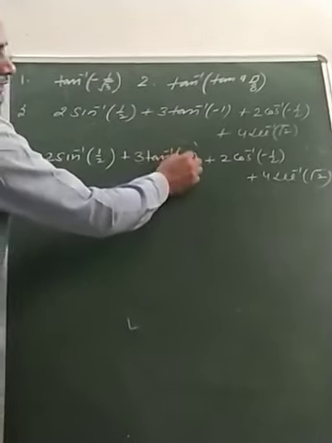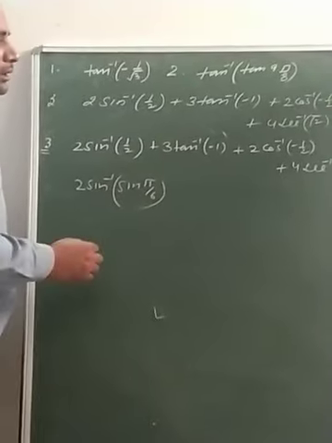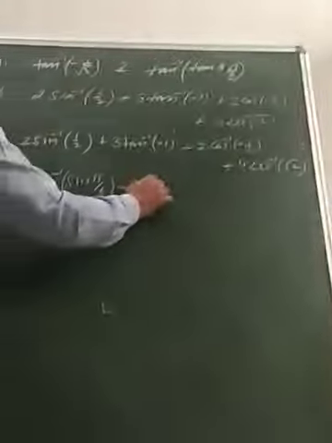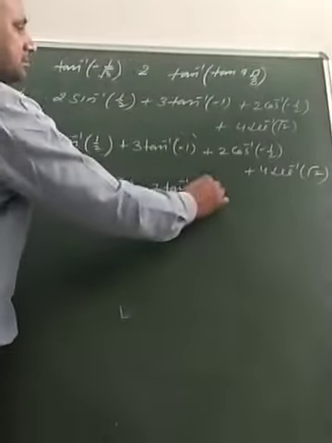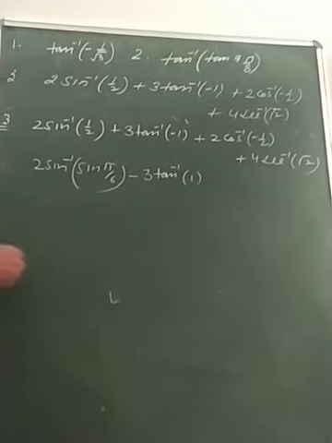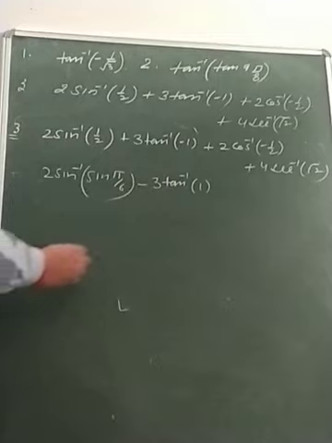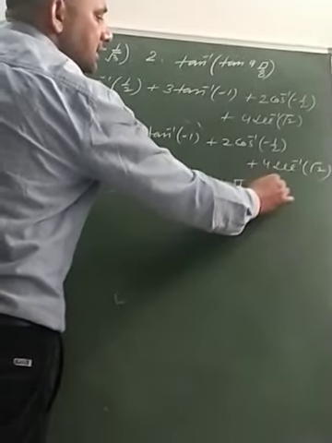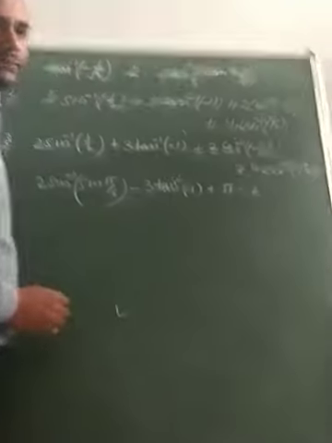Here, tangent inverse of minus theta we can write as minus tangent inverse theta. But for cos inverse of minus theta, cos inverse minus theta is pi minus cos inverse theta.